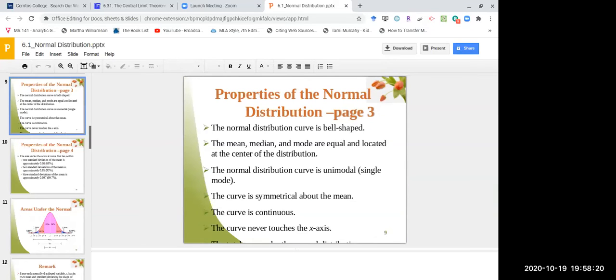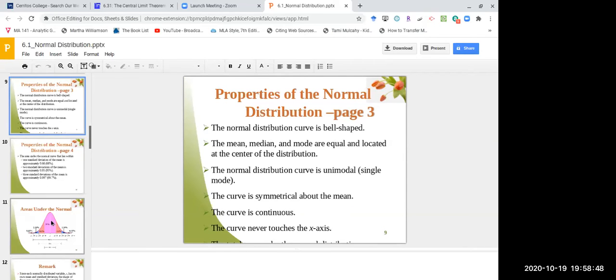The normal distribution curve is bell-shaped. The mean, the median, and the mode are all equal and located at the center. The normal distribution curve is unimodal. It has a single mode. It's symmetric about the mean. The curve is continuous. The curve never touches the x-axis. And the total area under the curve is equal to 1.